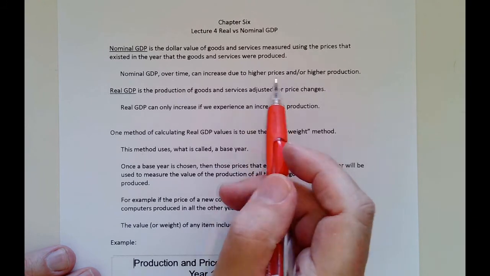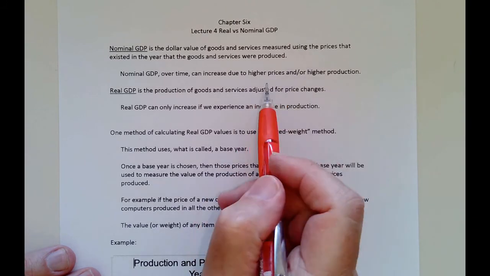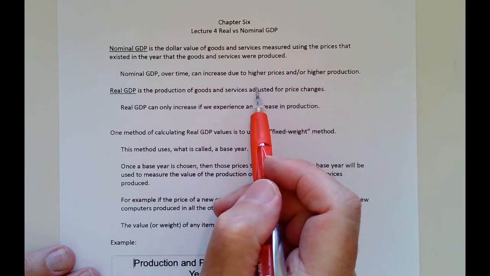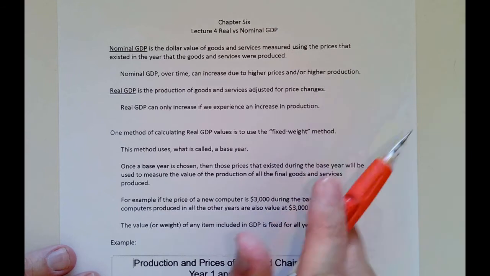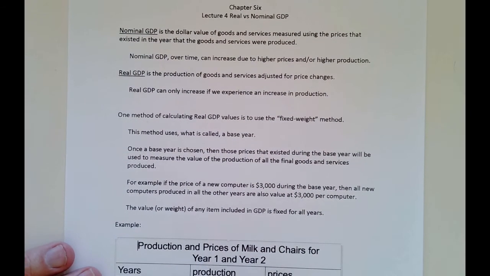Nominal GDP would go up because usually we have little inflation in the system, which means we have higher prices, and then you also have some higher production. And so if you want to compare the nominal GDP of 2020 with the nominal GDP of 2019, it's not a fair comparison because 2020 is going to have a little bit higher prices.